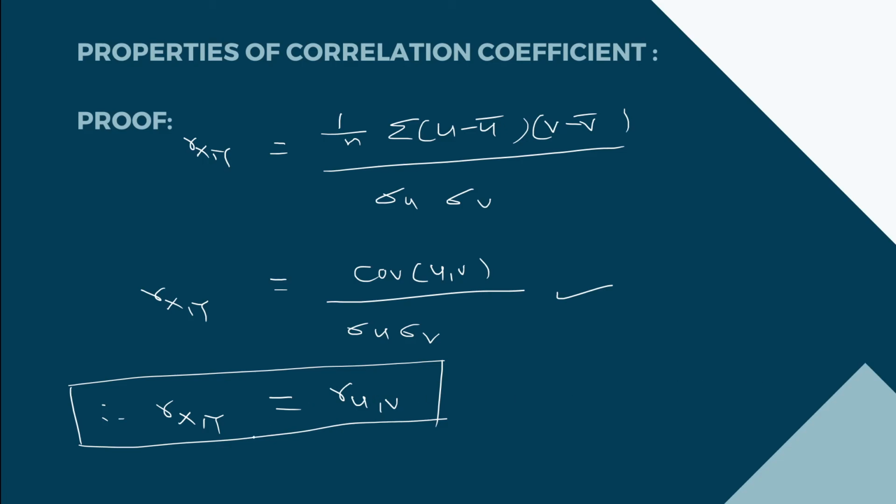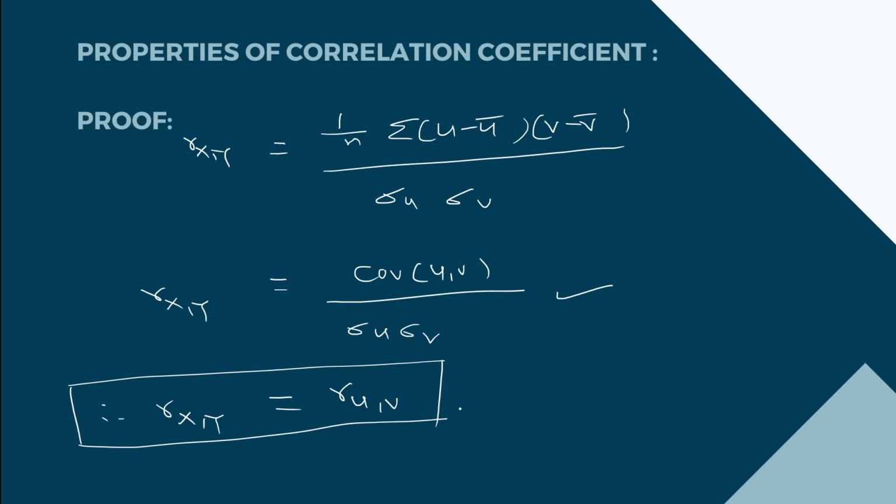Hence, from the last expression, we see that there is no change of origin and change of scale. Means there is no term present of a, b, h and k in the last expression. Hence, change of origin and change of scale does not affect the correlation coefficient.